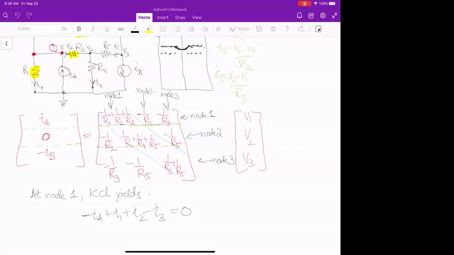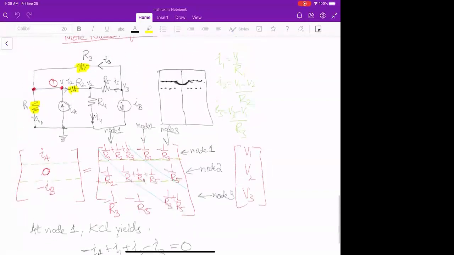Just to revise, all the diagonal elements are the sum of the conductances or the resistances attached to the particular node, and the off-diagonal elements are the negative of the conductance connected between adjacent nodes, right? Is it clear?